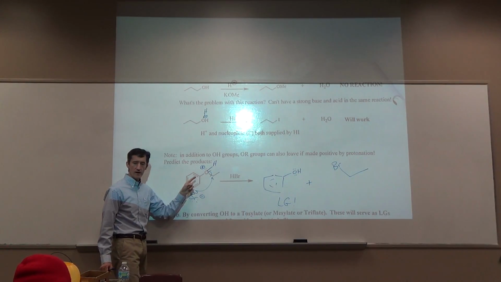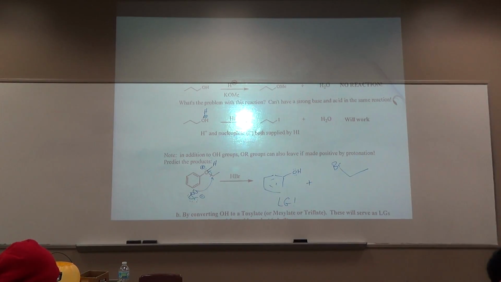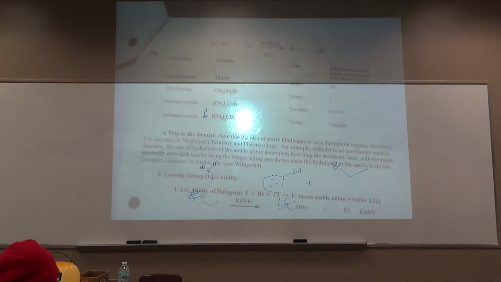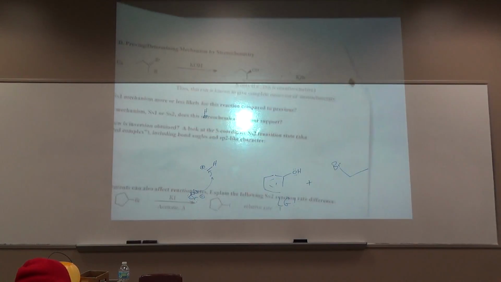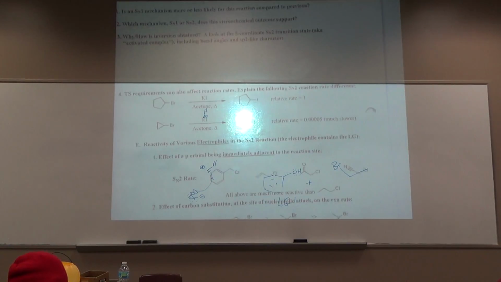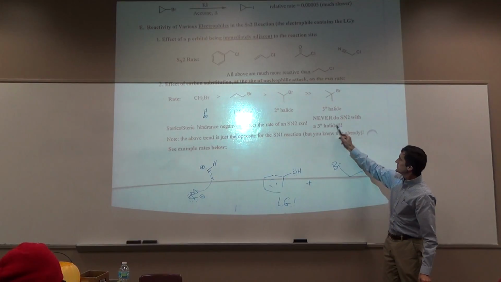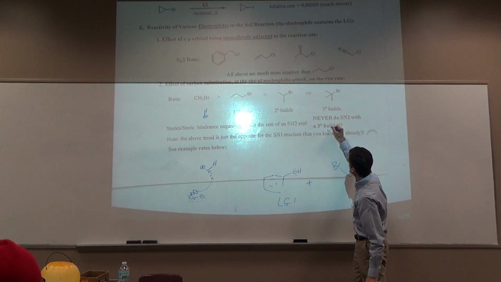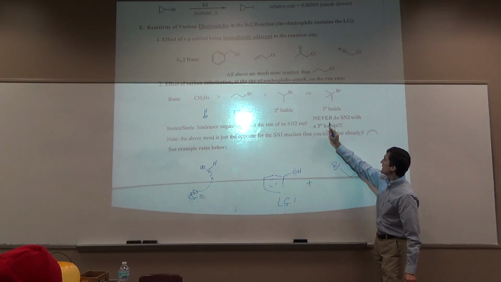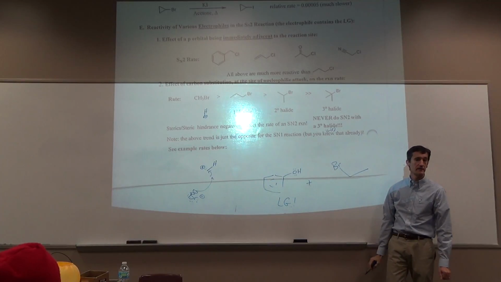If we attack there, I would have to refer you back to this over here, which I put in all caps: never do SN2 with a tertiary halide. Well, halide is just the best leaving group. You can make that generic: never do SN2 with a leaving group on a tertiary site.